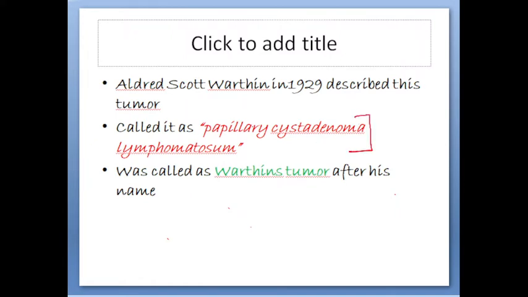Here, the term papillary means that epithelium goes into the cystic space as prominent folds. So, the tumor was called Warthin's tumor after his name.